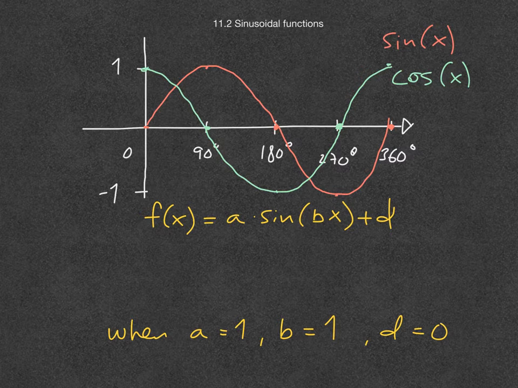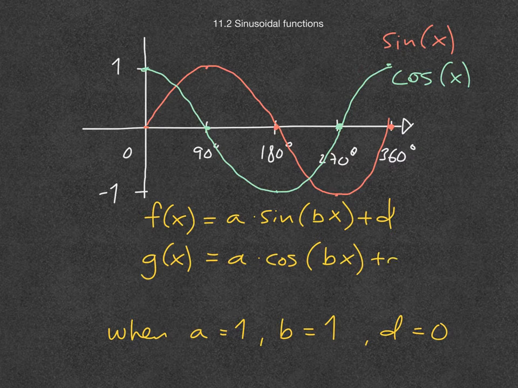But these are called the parameters of the function: a, b, and d. And we can change these to make this function look different. We could do the same thing with the cosine function. So let's call this g of x, a multiplied with cosine of bx plus d.